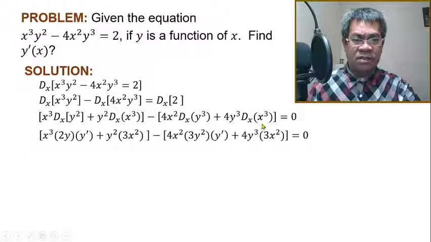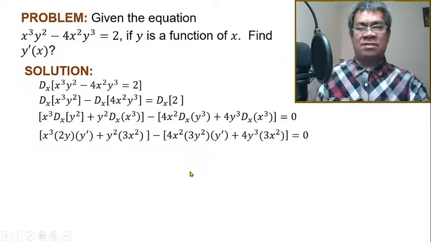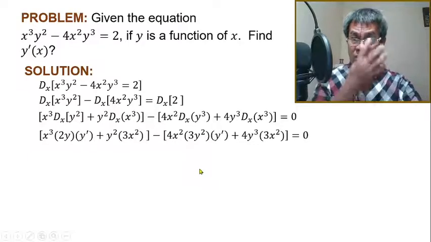Then take the derivative of this, purely power also, 3x squared. You don't have to multiply by the derivative because it's x to x. But this one is x to y. So that's why we have y prime. For x to y, we need to multiply by y prime or dy/dx. That's it.